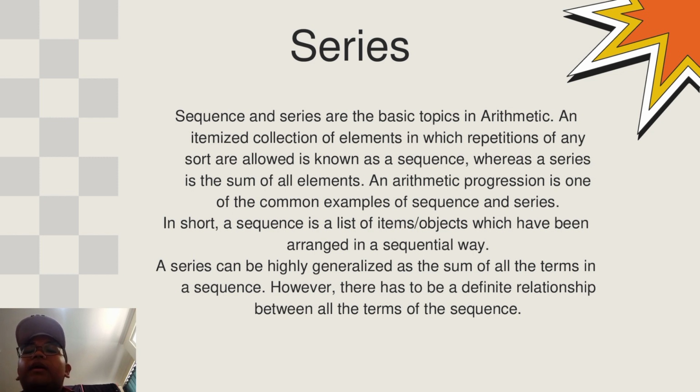In short, a sequence is a list of items or objects which have been arranged in a sequential way. A series can be highly generalized as the sum of all the terms in a sequence. However, there has to be a defined relationship between all the terms of the sequence.